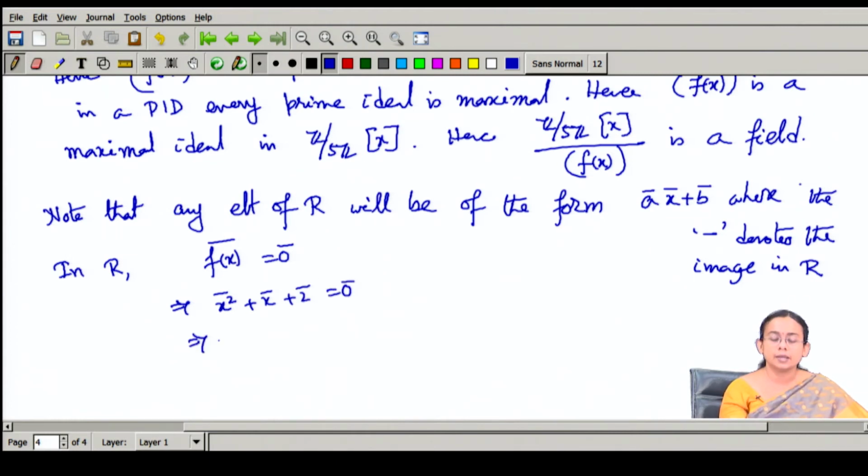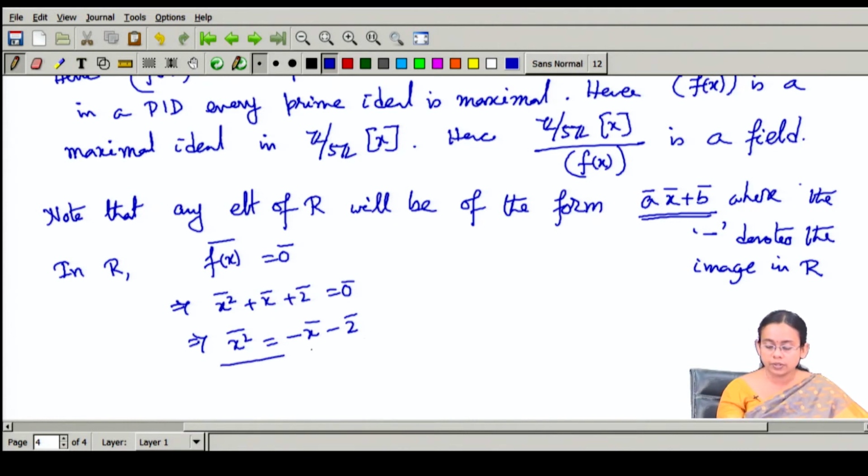So, from here I can write my x square bar as minus x bar minus 2 bar. Therefore, using this relation, all the higher powers from x square onwards can be written in the linear form. I can see that any element in this quotient ring will be a linear polynomial of this form, where the coefficients are coming from Z quotient 5Z.